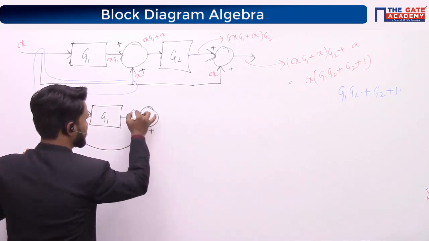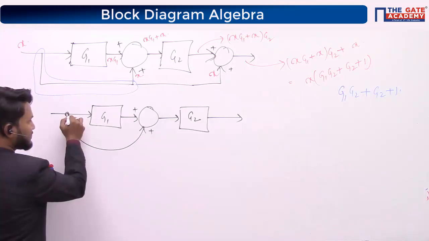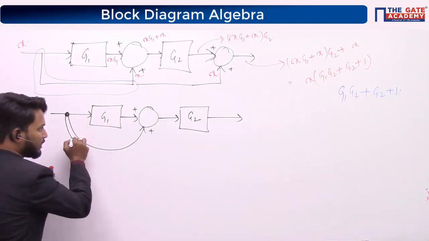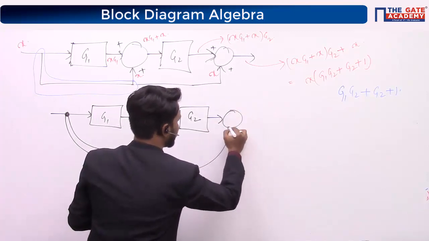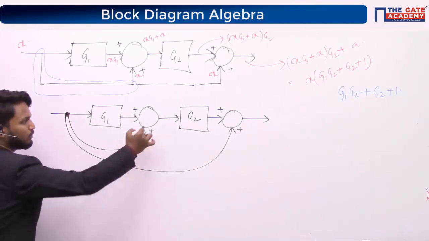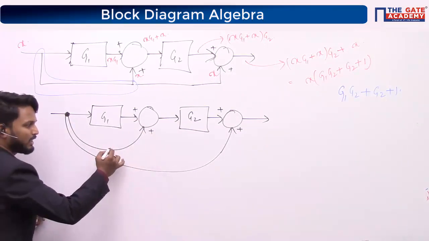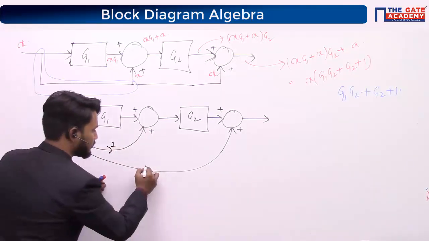This is plus. Again, G2, from the same node, another connection is coming and it is adding up here. Is it clear? From the same node, we are getting two feed forward paths, whose gain is how much? Gain is 1.